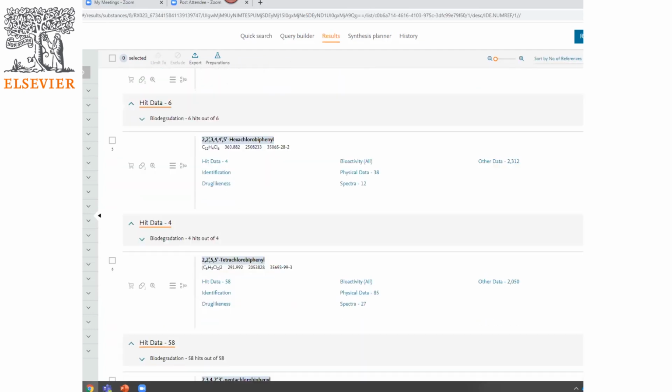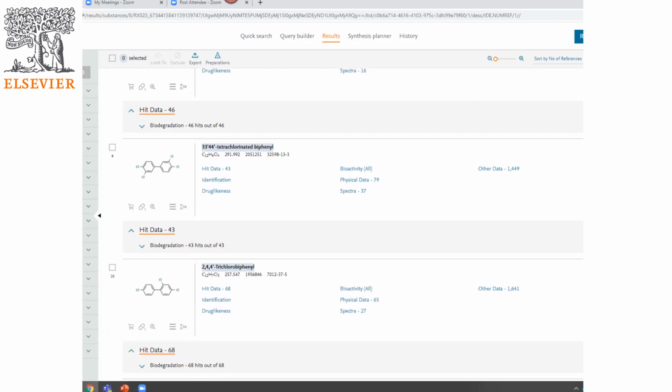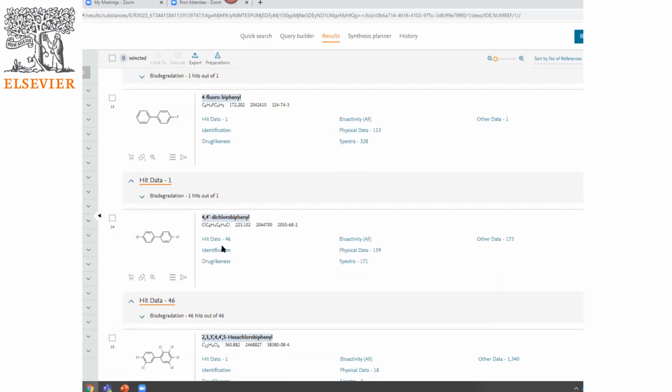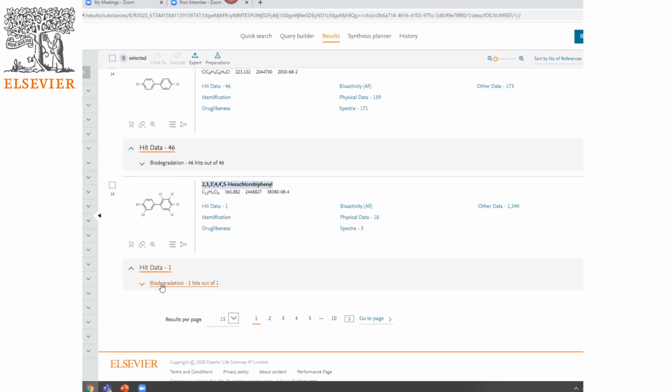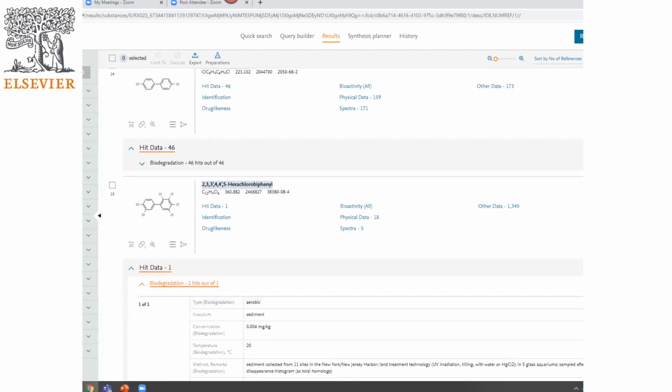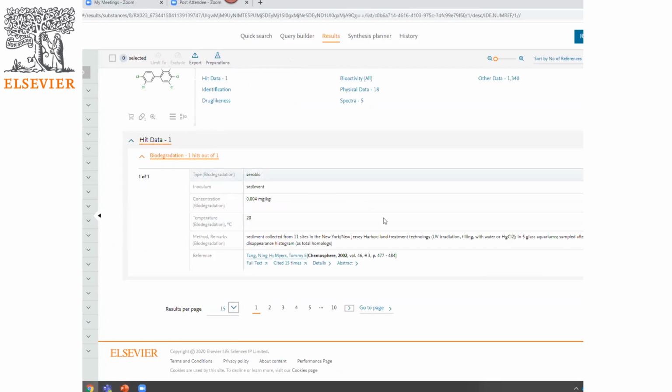In our case, our search was very smart, and we have only relevant results, relevant biphenyls, and you see only one which has biodegradation information, this one.